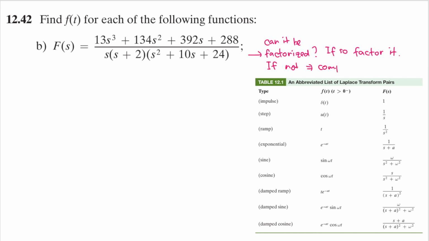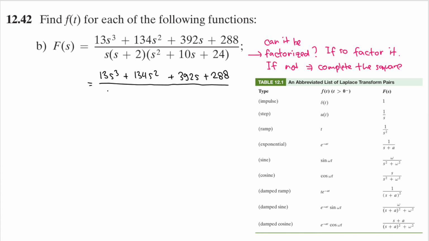Now if we see this quadratic function here, I think we can factor it, right? So let's rewrite this as 13s to the third power plus 134s squared plus 392s plus 288 divided by s and then s plus 2.